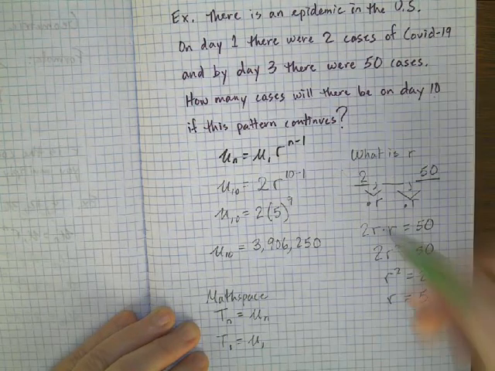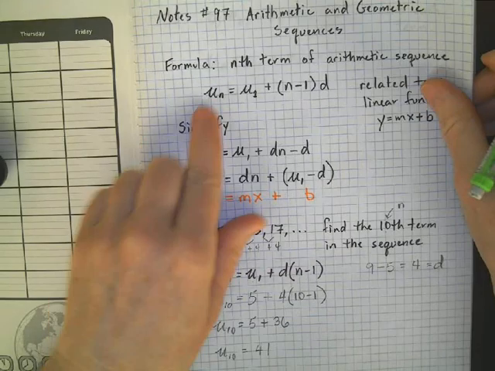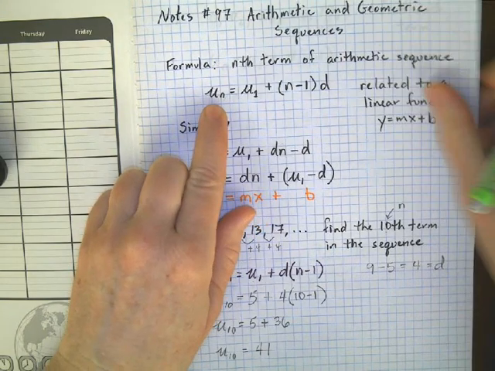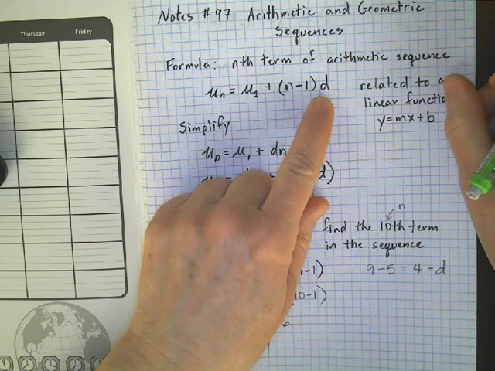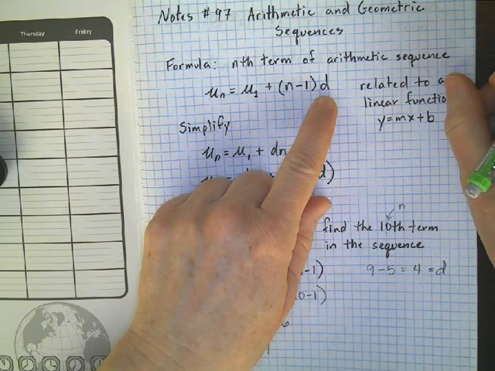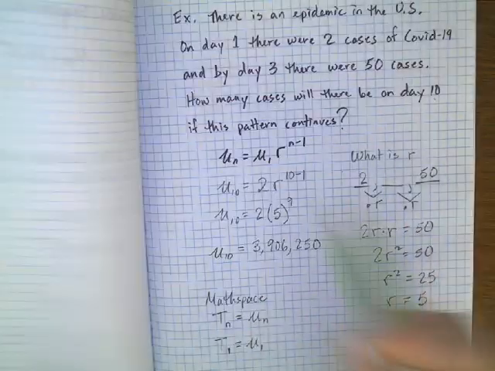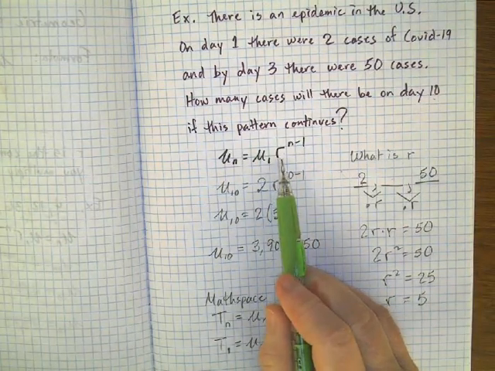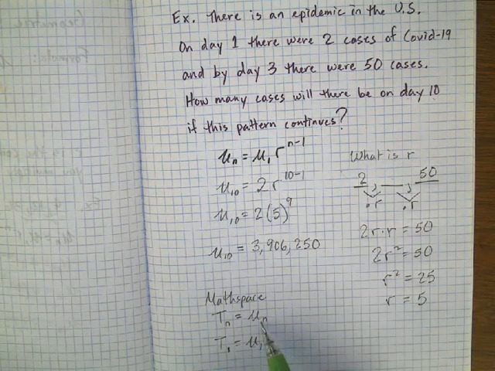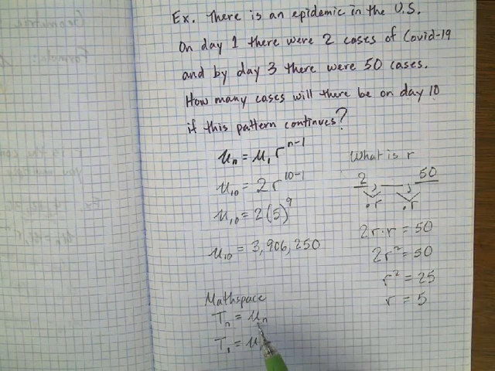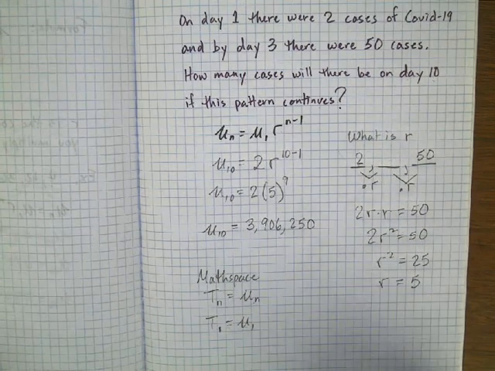Otherwise, they use r, and same thing for arithmetic. u sub n would be t sub n, u sub 1 would be t sub 1. And I believe they still use d because it stands for common difference. How far apart are they? And then r, they use r because that's common ratio, and they use n. So the only difference is the u's. They use t sub n for u sub n and t sub 1 for u sub 1. So that's a different notation you're going to see in math space.